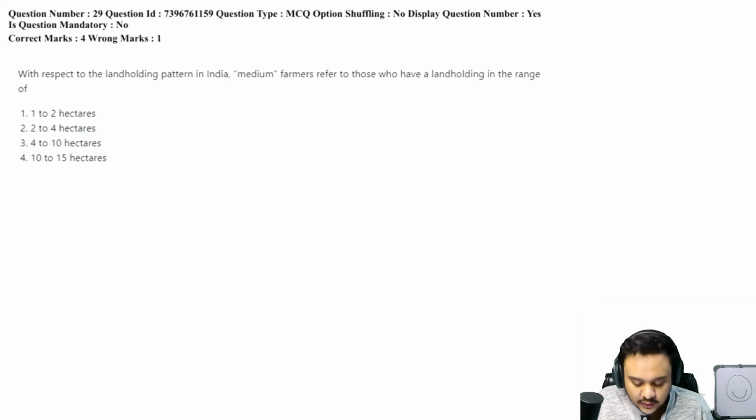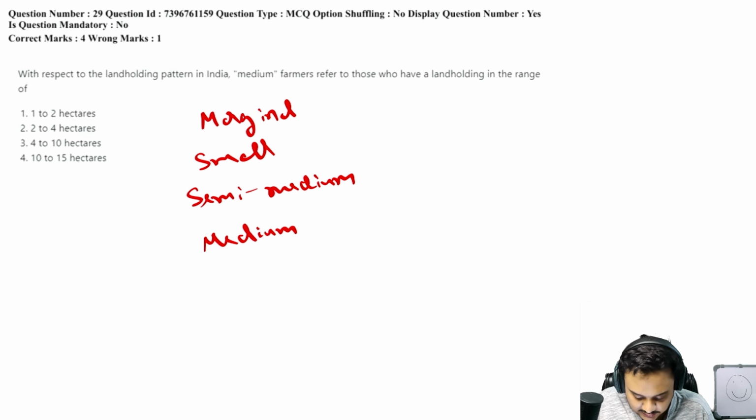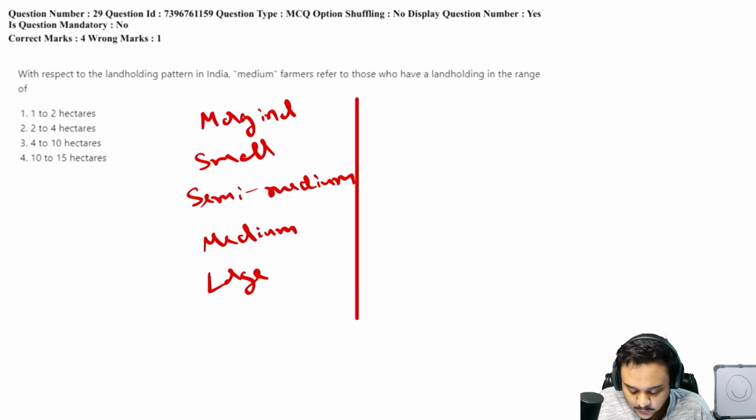So here I'm going to draw the table. First of all, you get marginal farmers. You have small, you have semi medium, and you have medium, and you have large. You should know this. So for marginals you have below 1 hectare.